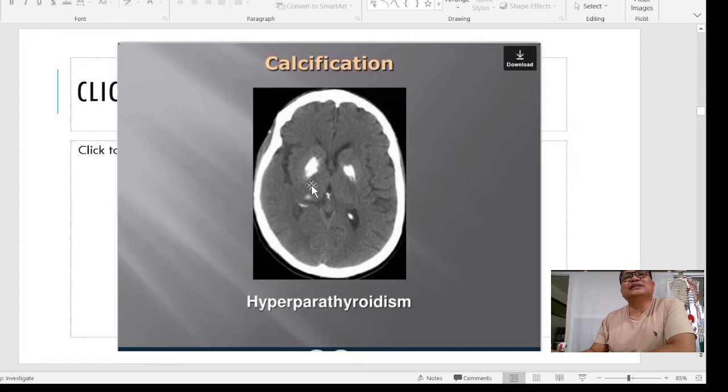So probably because of the presence of these calcifications, fluid accumulation happens, which will compress some parts of the brain, because as fluid accumulates, the parenchyma of your brain swells.